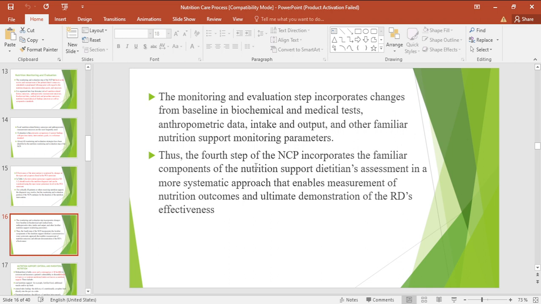Also, your monitoring and evaluation step incorporates changes from the baseline in biochemical and medical tests, anthropometric data, the intake and output, and other familiar nutrition support monitoring parameters. And it also incorporates the familiar components of the nutrition support, dietitian's assessment, in a more systematic approach, which enables the measurement of nutrition outcomes and the ultimate descriptive demonstration of the dietitian's effectiveness.